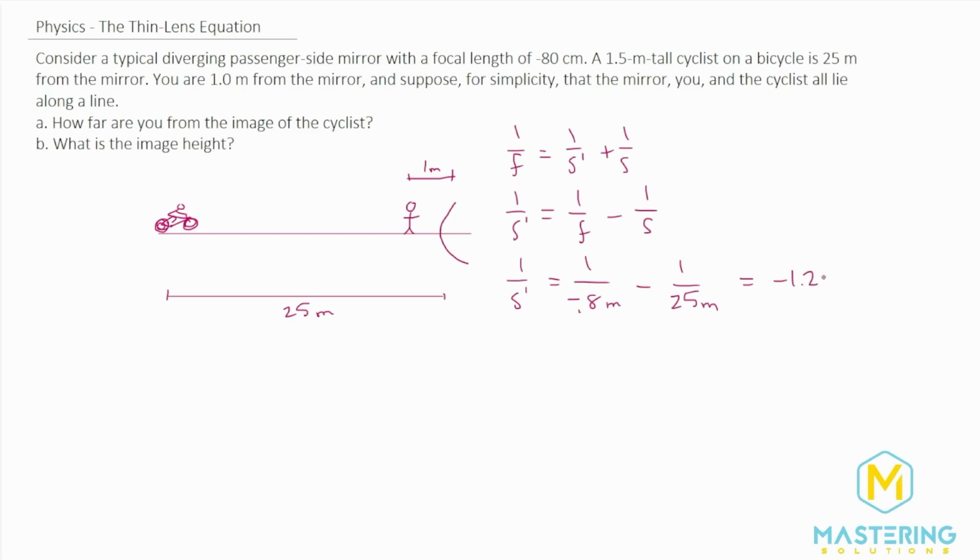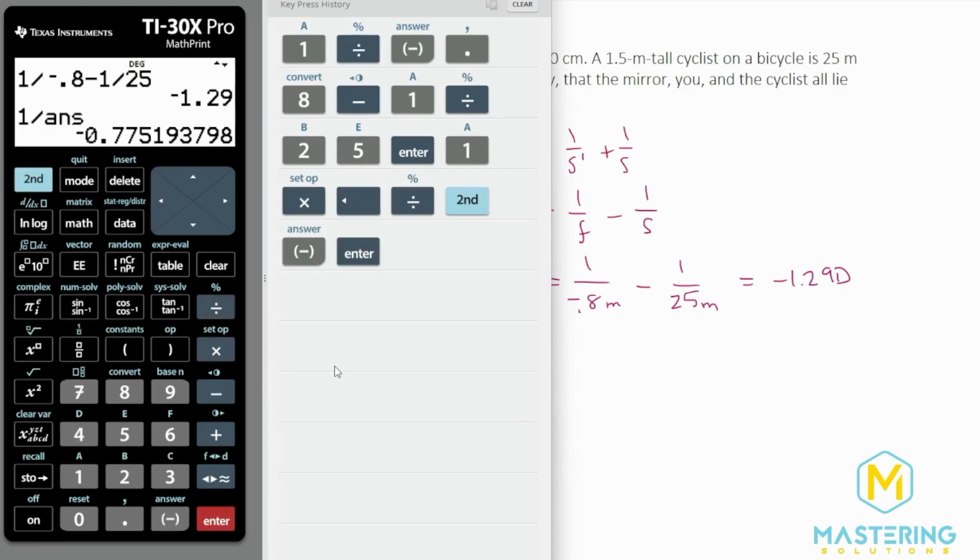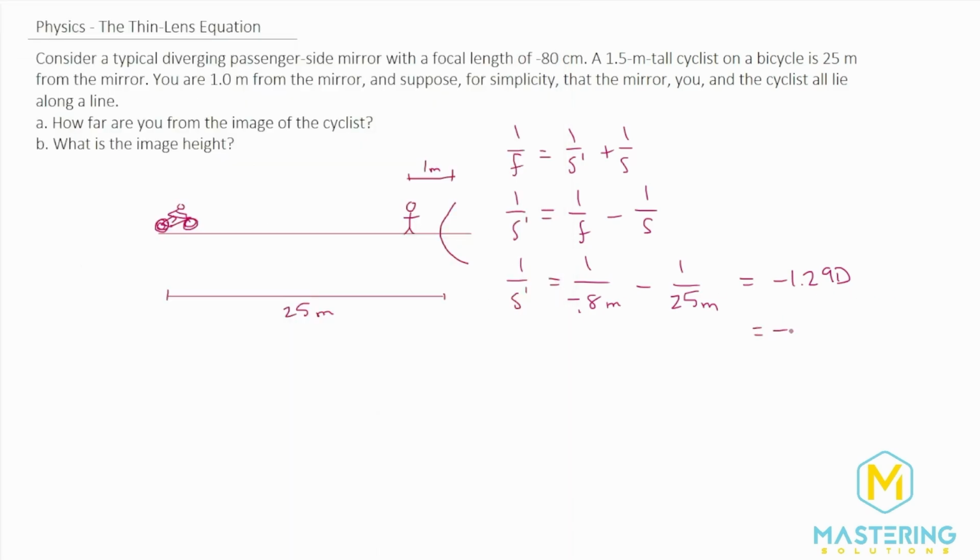Now we need to figure out the image distance though. So we'll take the reciprocal of that. So 1 divided by the answer gives us negative 0.78 meters.